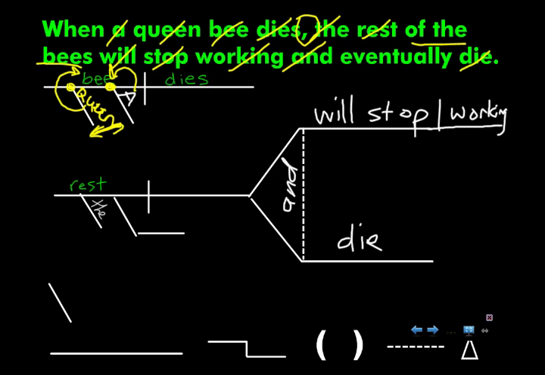So you have to extend a horizontal line. That's it. Of, bees, the, connected to rest because it's modifying rest.